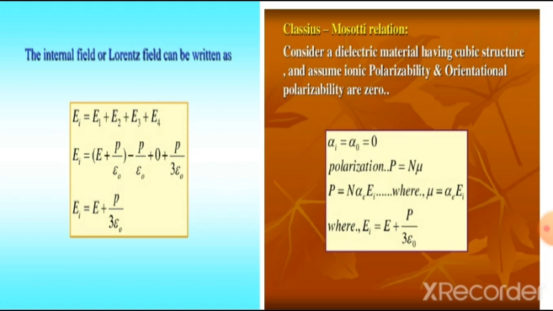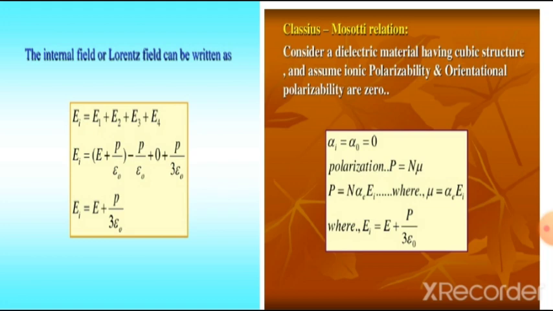Now we discuss the Clausius-Mossotti relation. Consider a dielectric material having cubic structure, and assume ionic polarizability and orientational polarizability are 0. Now polarization P is equal to n into mu, that is P equals n alpha e into E suffix i, where mu equals alpha e into E suffix i.